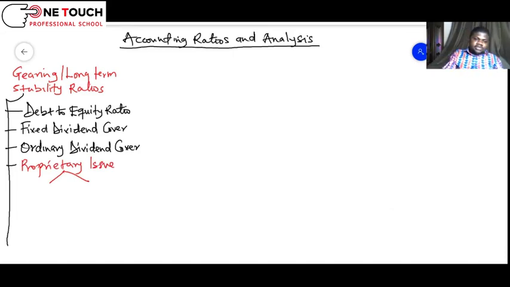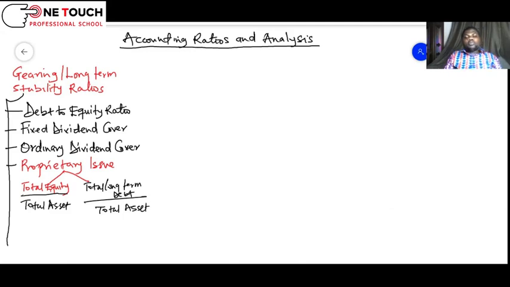So we will be measuring the total equity over total assets. Or we look at debt. Total long-term debt over total assets. These two is what you call proprietary ratio.